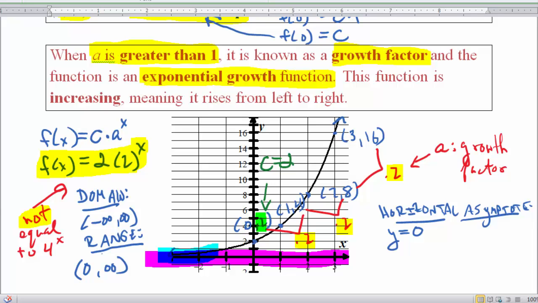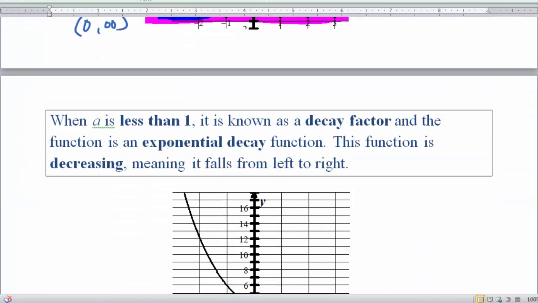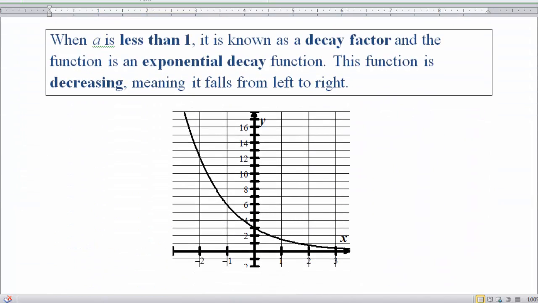And then the alternative situation is when we have the a value being less than 1, we call it a decay factor, as opposed to a growth factor, and the function is what's known as an exponential decay function, which is a decreasing function, meaning that it goes down, it falls from left to right.